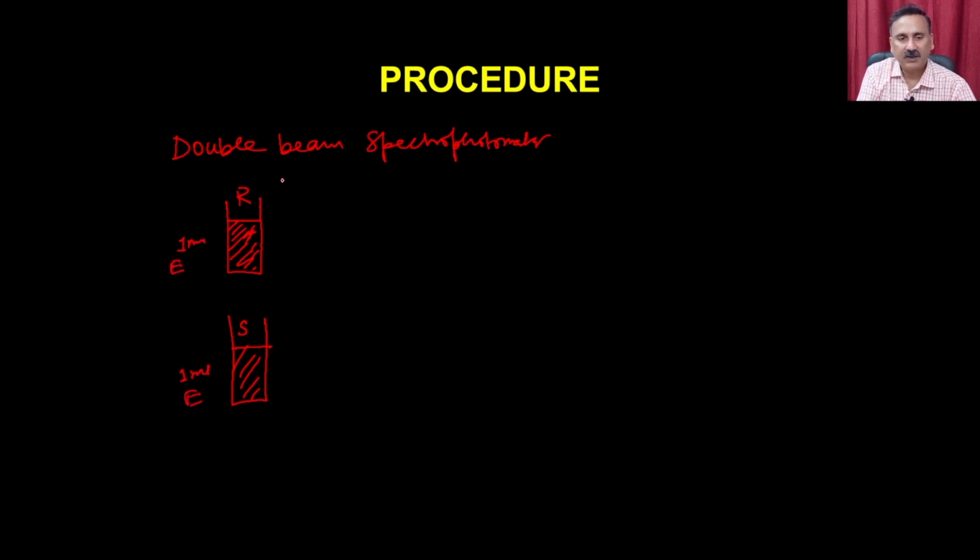Now in the reference cuvette, you add, for example, 5 microliter of buffer, and in the sample cuvette, you add 5 microliter of your substrate. In this case, we are doing it with H2O2.